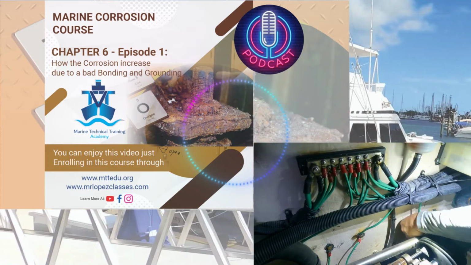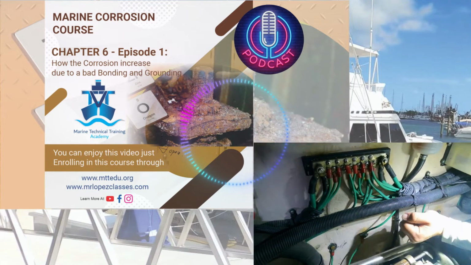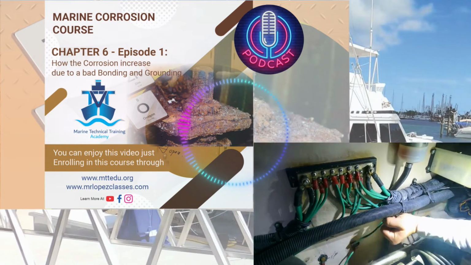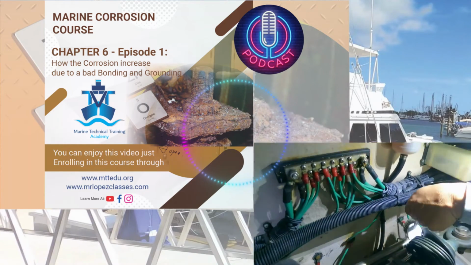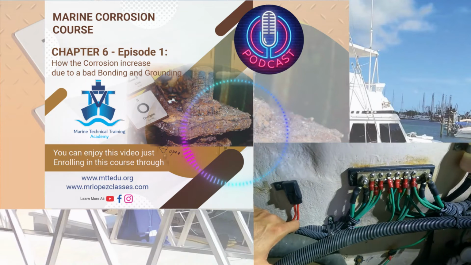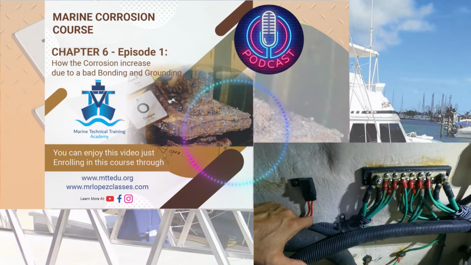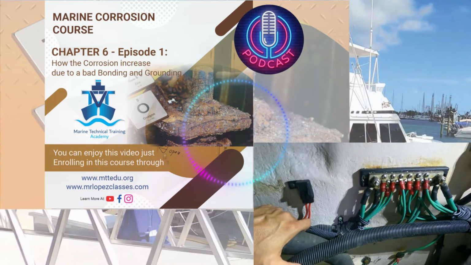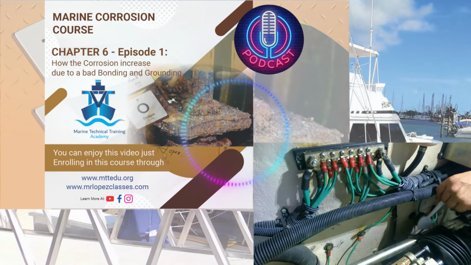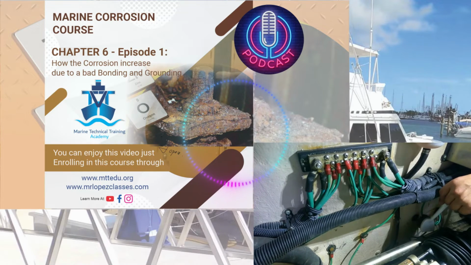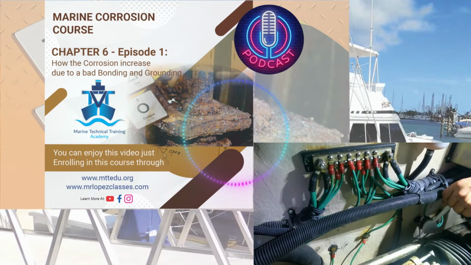For that reason, all the appliances have one green cable connected from the case to the bonding. What is the function of that green cable? The function of that cable is to drain the static electricity accumulated on the case of the dishwasher.